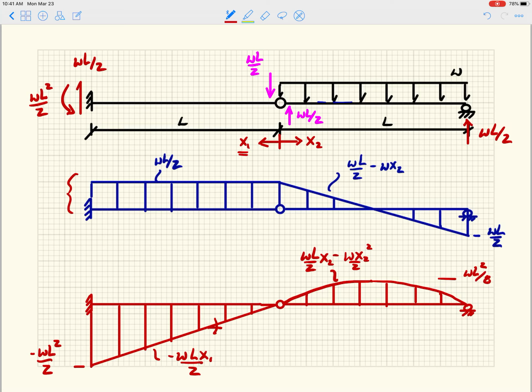And if we look at the slope of the moment diagram in that region, it is also a positive WL over 2, right? And then we can see this is linearly varying downward for the right-hand member. That is the slope of the moment diagram. So here, if I were to create a line like that for the 0 slope, that's where the moment diagram is a maximum, right?